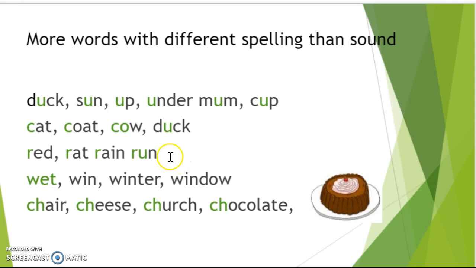This could be difficult for the pupils who don't know how to pronounce the letter r. And in wet, win, winter, window, the sound is w. And we don't have that sound in Norwegian. These words chair, cheese, church, chocolate, the sound ch. That sound is difficult for many pupils.